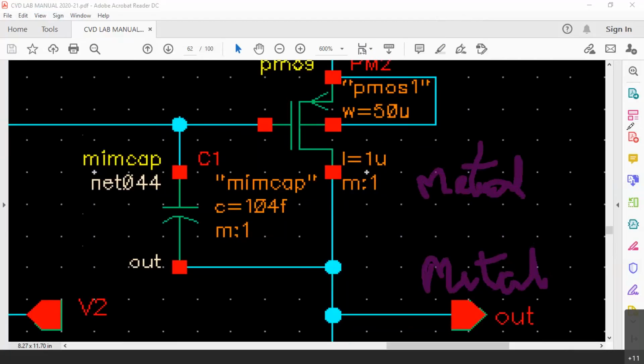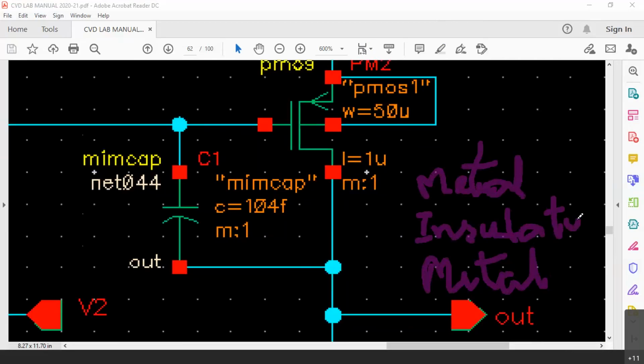Can anybody guess? No guesses. Okay. Insulator, right, Kuldeep? It is metal, insulator, metal.